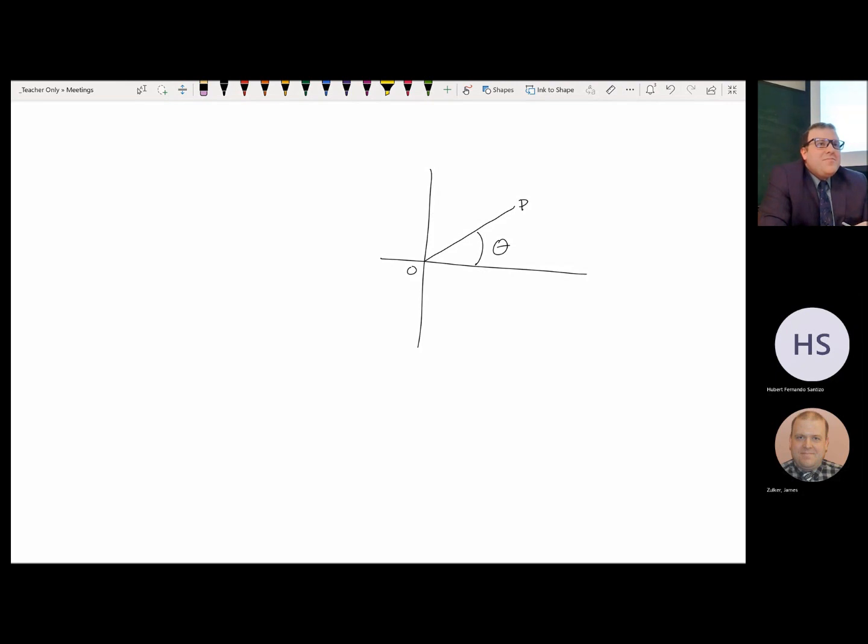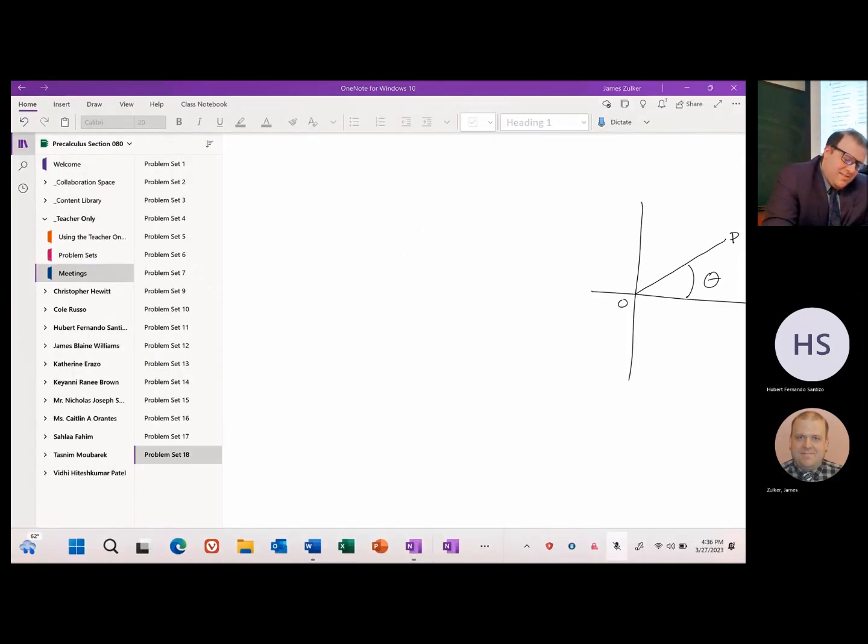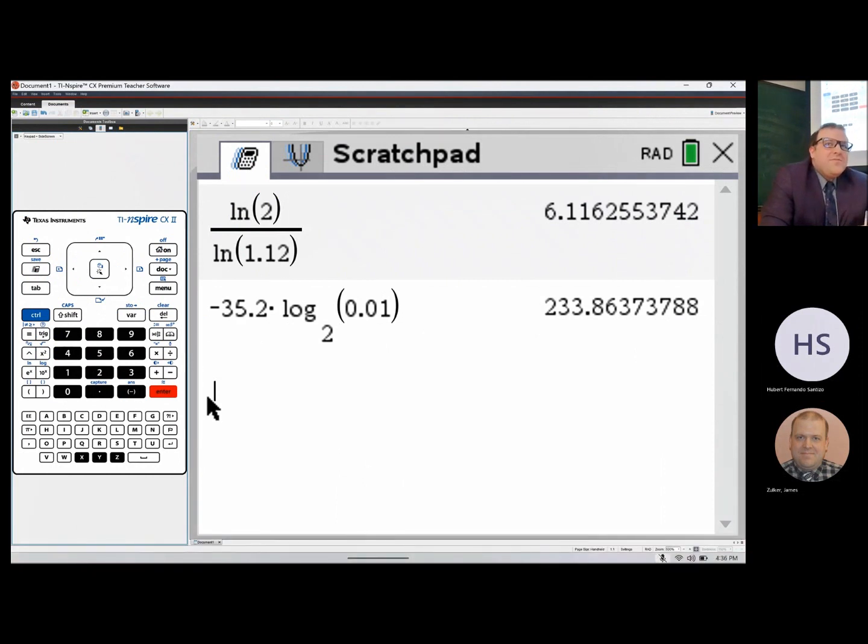If you have the calculator, I recommend it's easy. It depends on your calculator. You have to actually go into settings. However, on the Inspire, it's literally right up there.